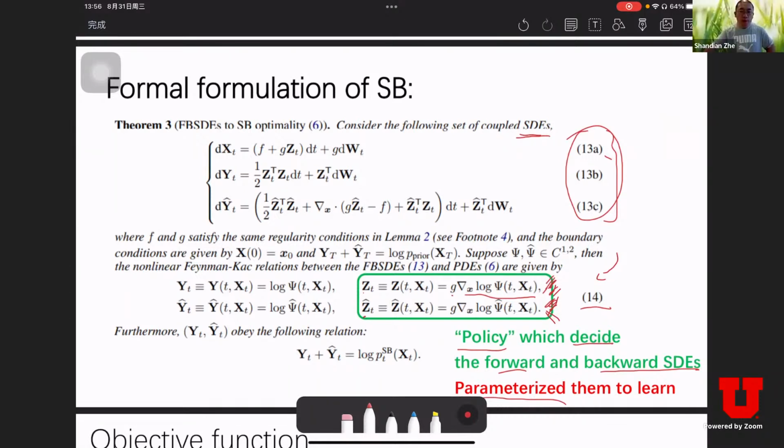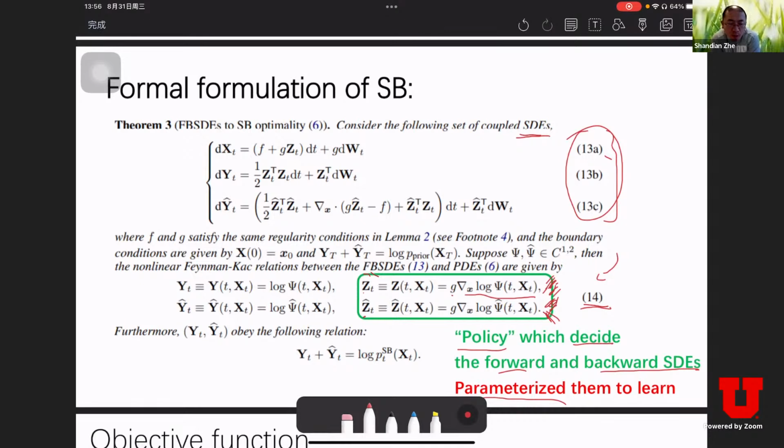So now the goal turns to solving equations 13a to 13c, right? Yeah. So how do they parameterize them? We only parameterize these terms in the red box, in the green box, in equation 14. And we're assuming F and G are known, right?